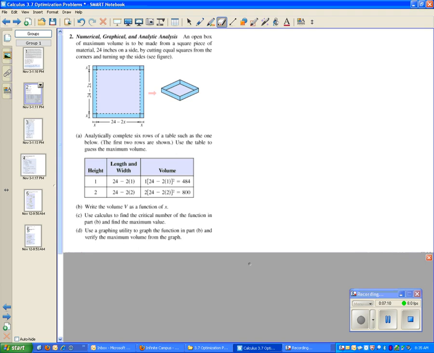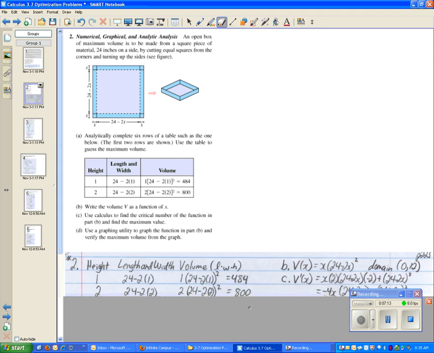So first, let's copy down the first 2 rows of their table.